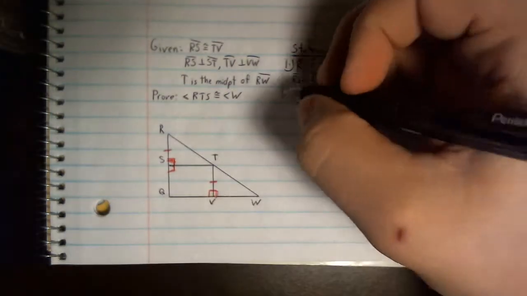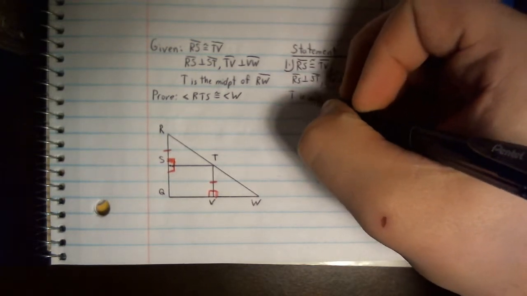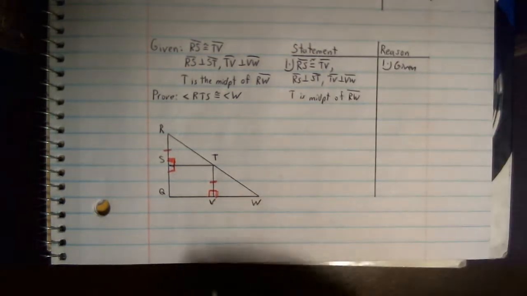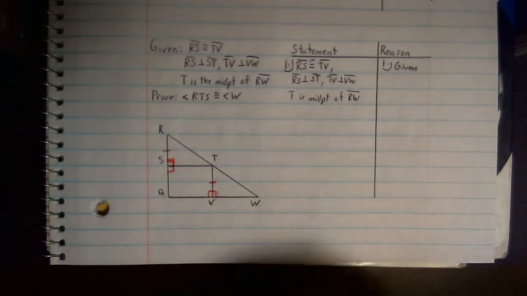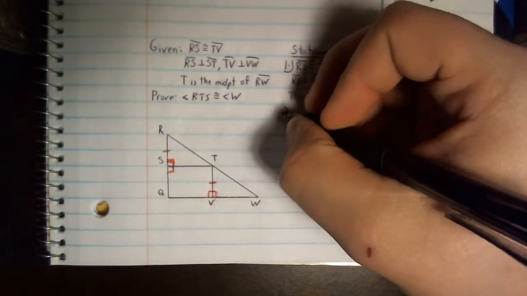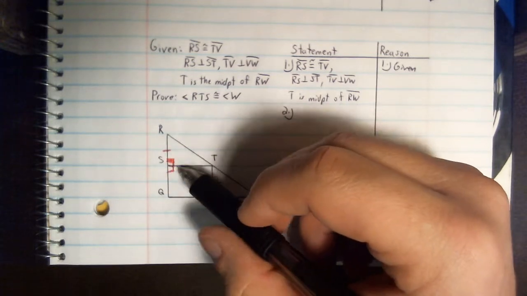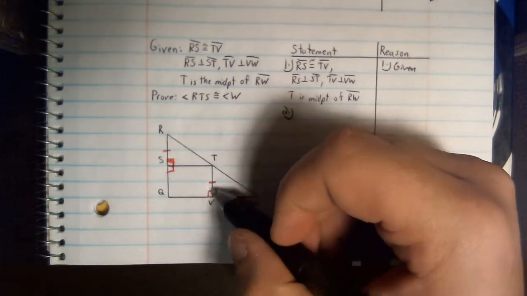We also have T is midpoint of RW. Well, I can't mark anything with that quite yet. We're going to come back to that in a minute. Let's deal with these perpendiculars. Well, we're interested in this smaller triangle being congruent to this smaller triangle.